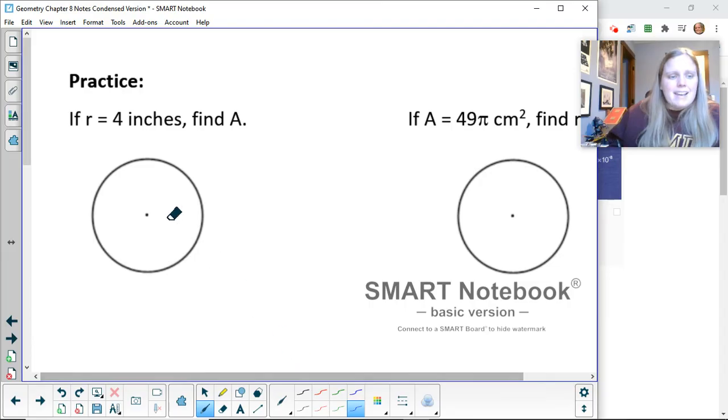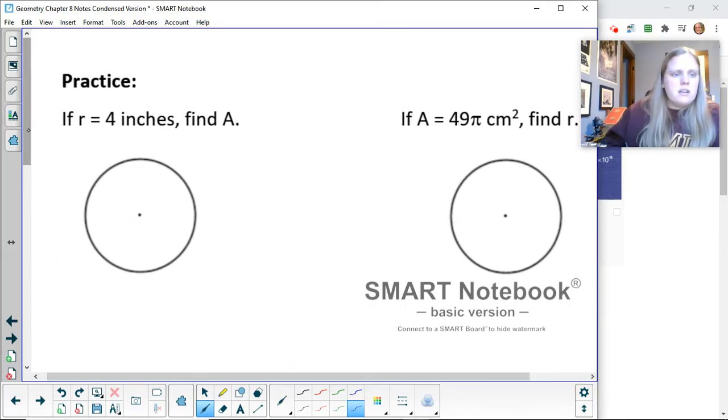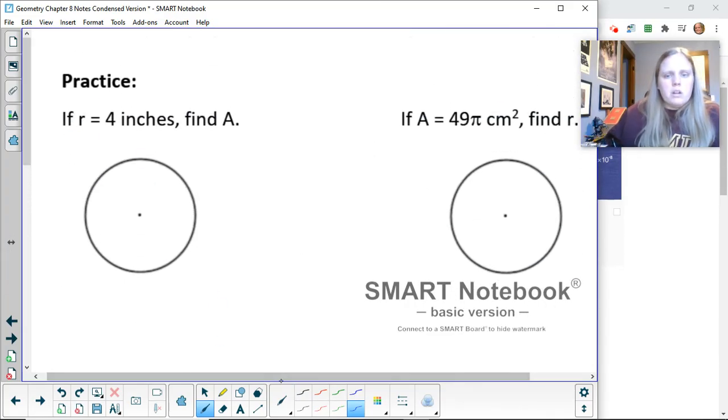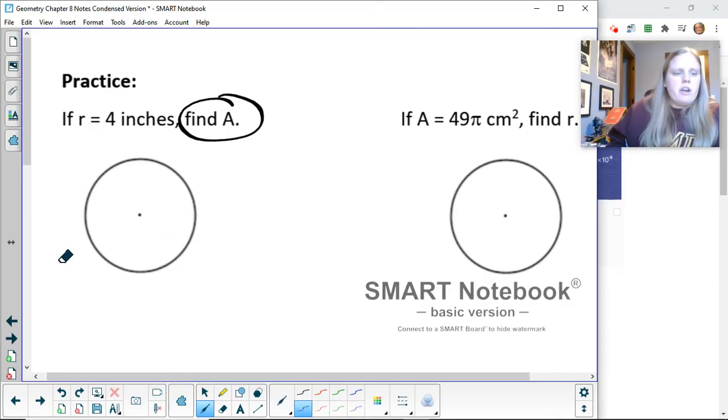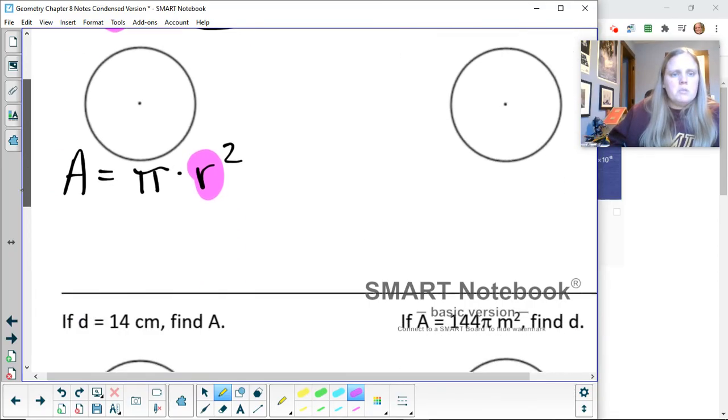Okay, yay! More practice. Okay, these ones are just like your test. So you're going to get a circle and you're going to have to figure out, okay, what is the area? I got to work backwards, so I just plug it in. So in this one, it says find A for area. So that's nice because you just plug it in. Pi times radius squared. So I'm just going to plug the number 4 in for R, and bam, I'm done.